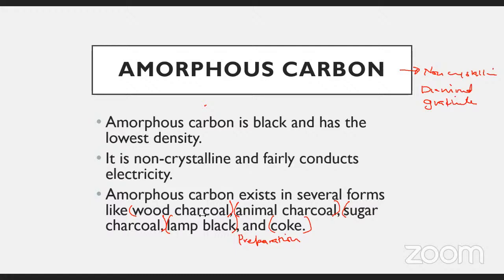So these are the examples of amorphous carbon. Normally, after asking for the examples, they also ask you how they are formed. So that's why it is important to go and find out how these are formed.